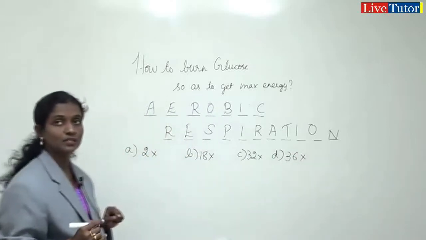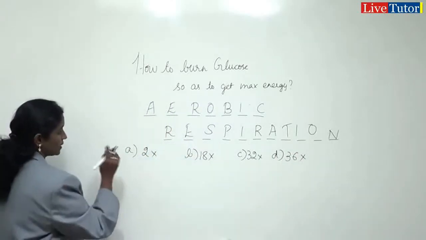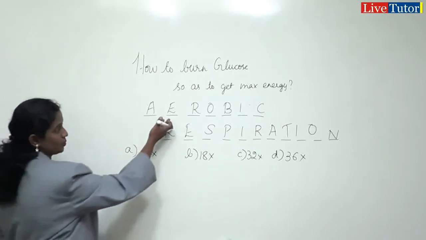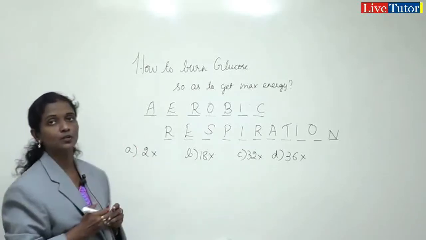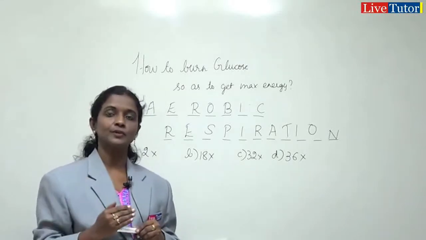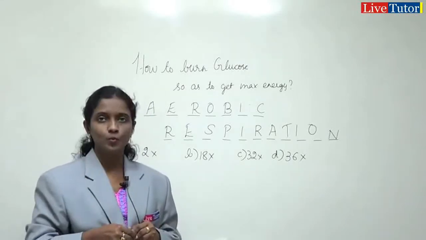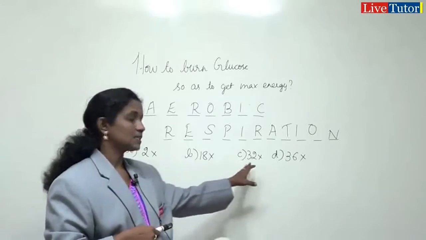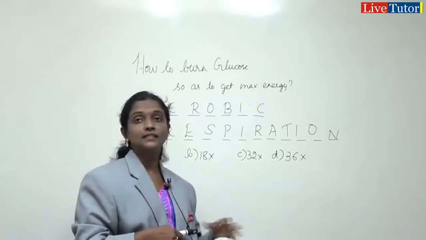I repeat the question: when you compare aerobic respiration with anaerobic respiration, the efficiency of aerobic respiration over anaerobic would be twice, 18 times, 32 times, or 36 times.